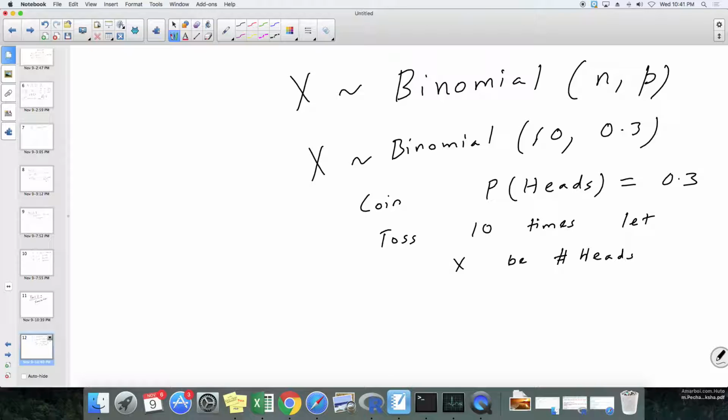Now, suppose we want to look at what x looks like. To do that we actually have to find a coin, like speak with some physics lab people, so that the probability of heads for that is exactly 30%, and then toss it 10 times and all that. But we don't have to do all that. What we can do is run the experiment in a computer.